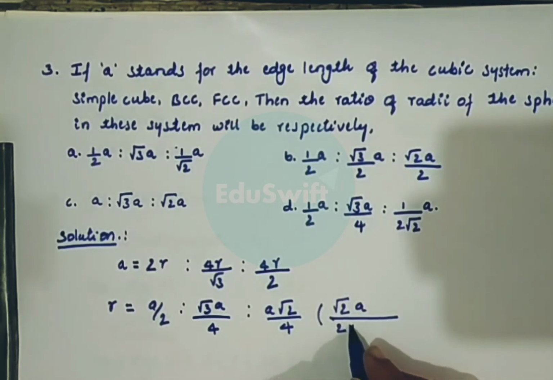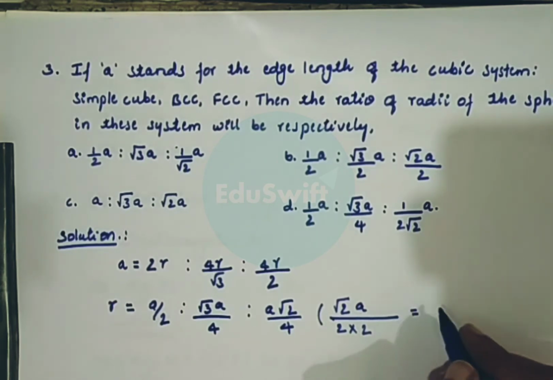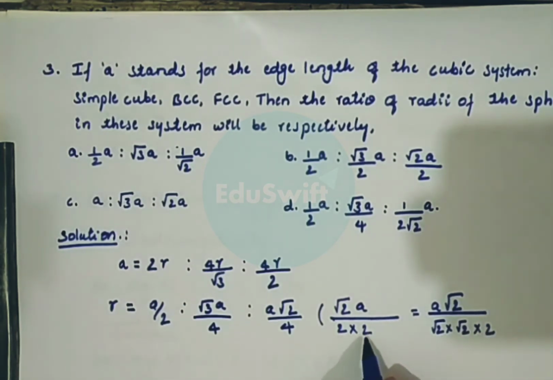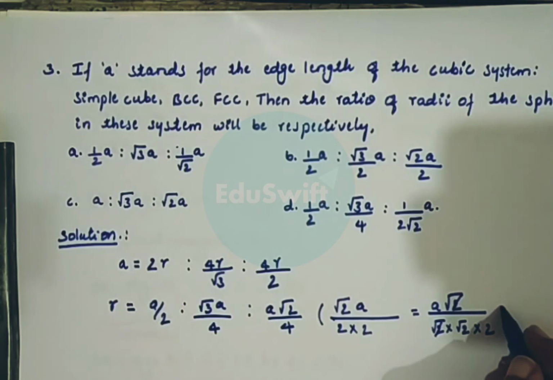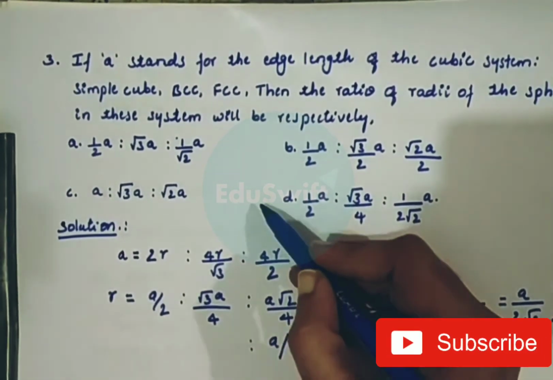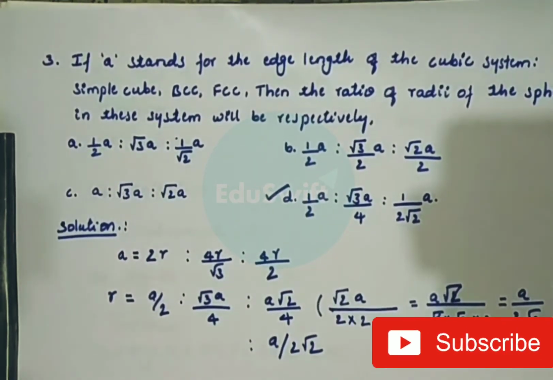Again, the denominator value 2, I'll write it as root 2 into root 2, root 4, which is the same as 2. So here root 2 in the denominator and numerator will get cancelled. So what remains is a divided by 2 root 2. So in case of FCC, the r value we got is a divided by 2 root 2. So a by 2, root 3a by 4 in case of BCC, and a divided by 2 root 2. Option D is the right one.